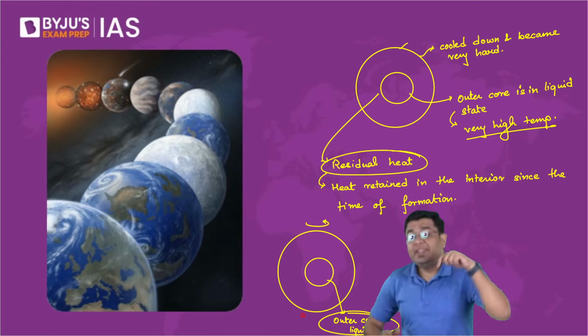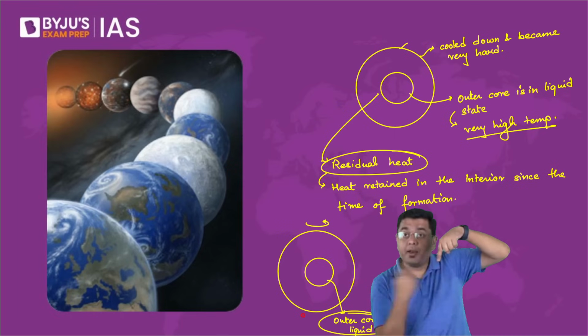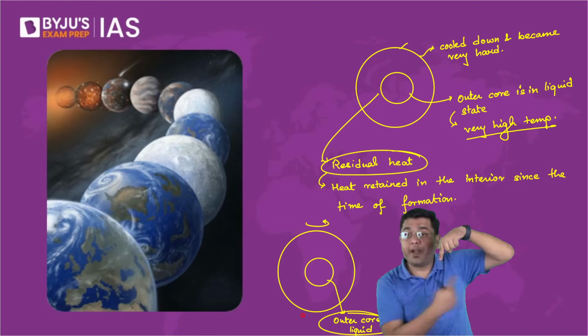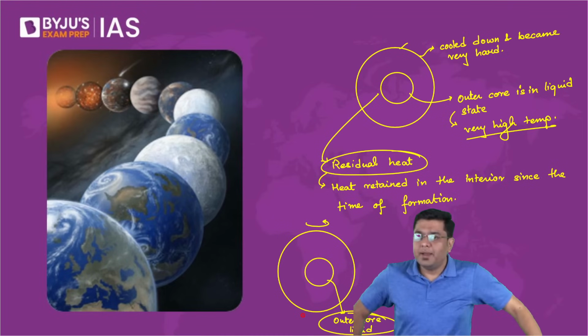Now, these atoms of iron and nickel are rotating in the liquefied form. When these materials rotate, a magnetic field will be produced, isn't it?